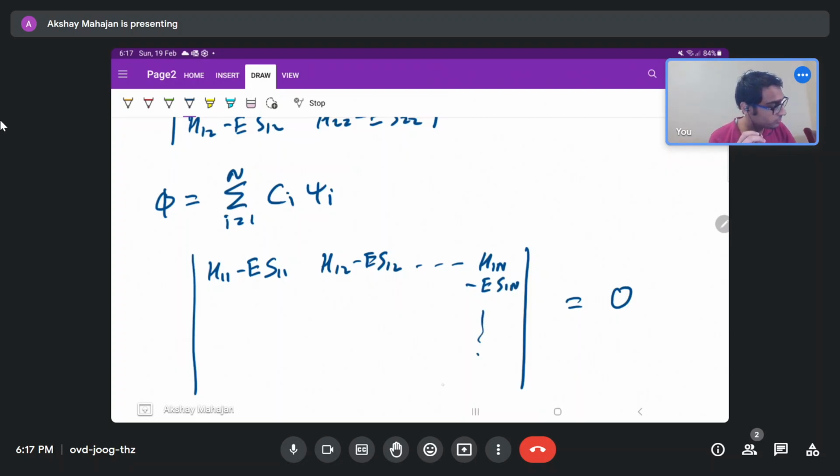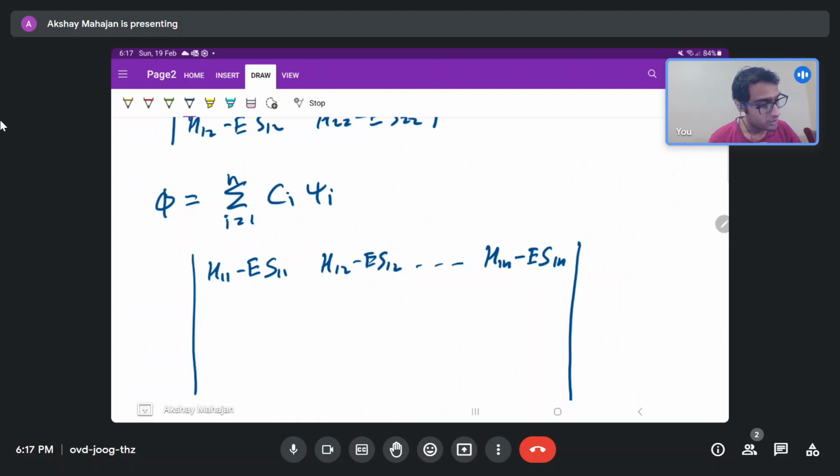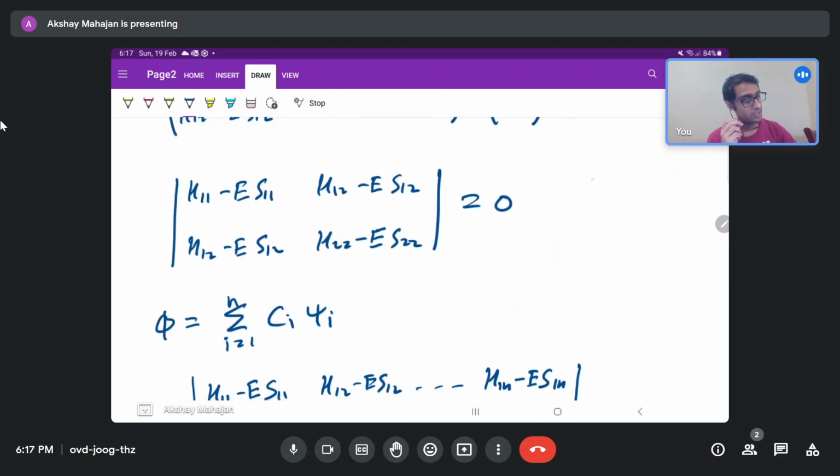Similarly, now Hnn minus E Snn. Sometimes we can take Sij equals to delta ij, in those cases where psi i are orthonormal.